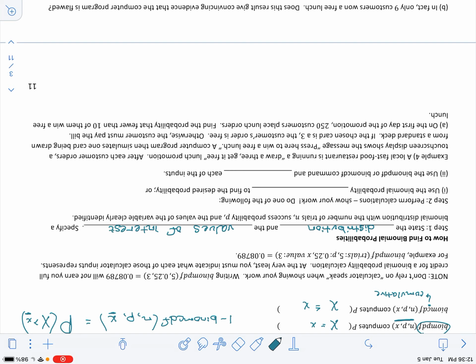So you specify the binomial distribution with number of trials n, probability of success p, and the values of the variable clearly identified. Then you're going to perform your calculations showing your work. So again, I've said this multiple times already, so using the probability formula or using your calculator but actually labeling it so it's not just the calculator speak. So I'm going to go through an example of how I want this done.